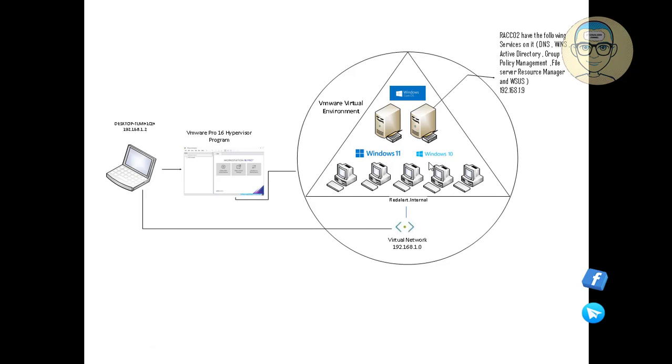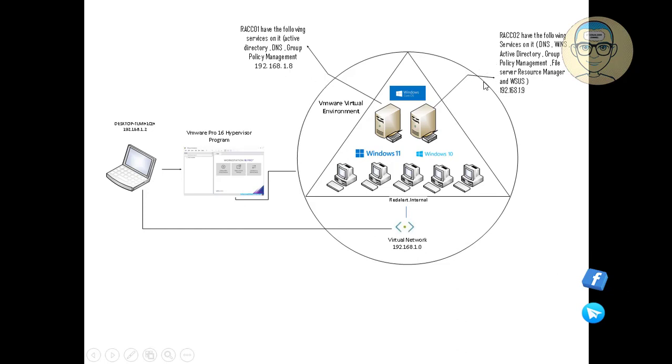Let's see what this is. This first domain controller will be called RACC01. RA is Red Alert Command Center 01. This is the first command center, and it will contain Active Directory, DNS, Group Policy Management, and the IP will be 192.168.1.8.